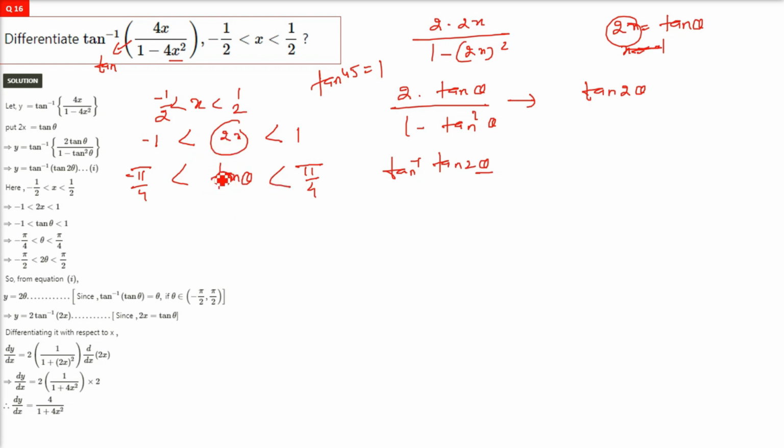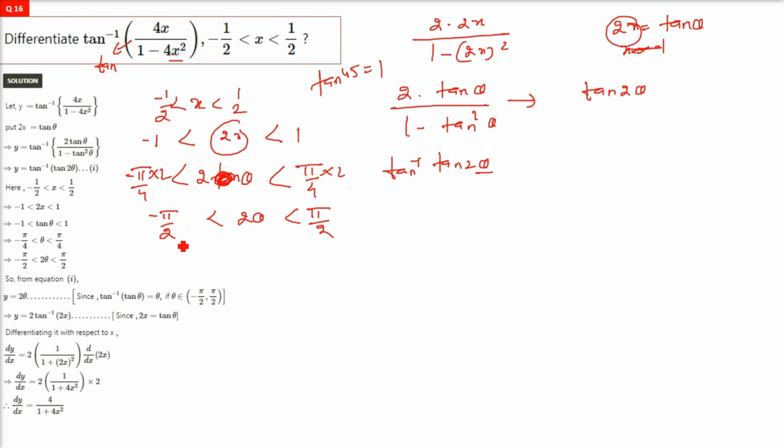Okay. Now this is your theta, and we need 2 theta because when you cancel tan and tan inverse, you will get 2 theta. So when you multiply 2 everywhere, what do you get? You get minus pi by 2, 2 theta, and this is between negative pi by 2 and pi by 2. This 2 theta is between this.